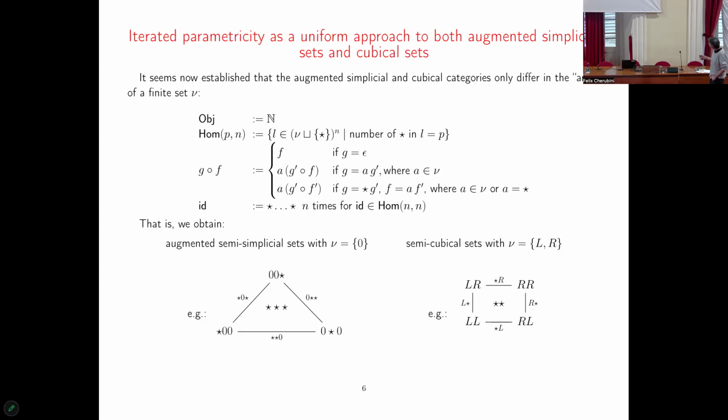You define a composition like that. Depending on the arity of star, if it's a singleton set, you get augmented semi-simplicial sets, and if you take a two-element set, you have semi-cubical sets. How familiar do you feel with that? No, not really.